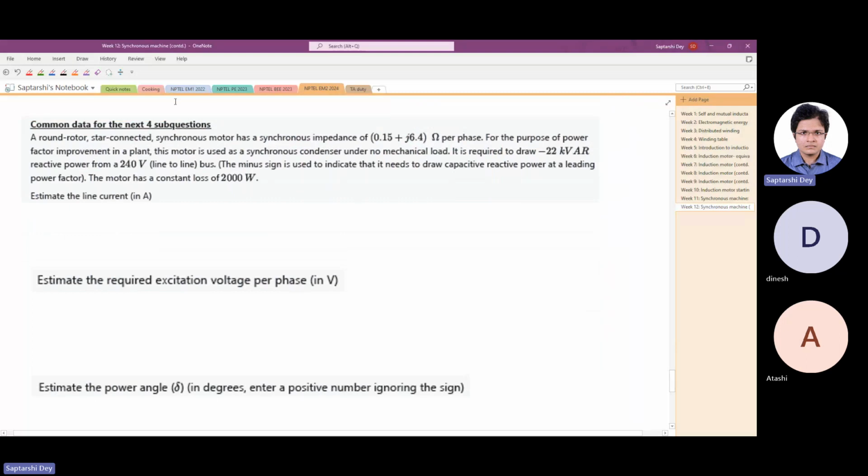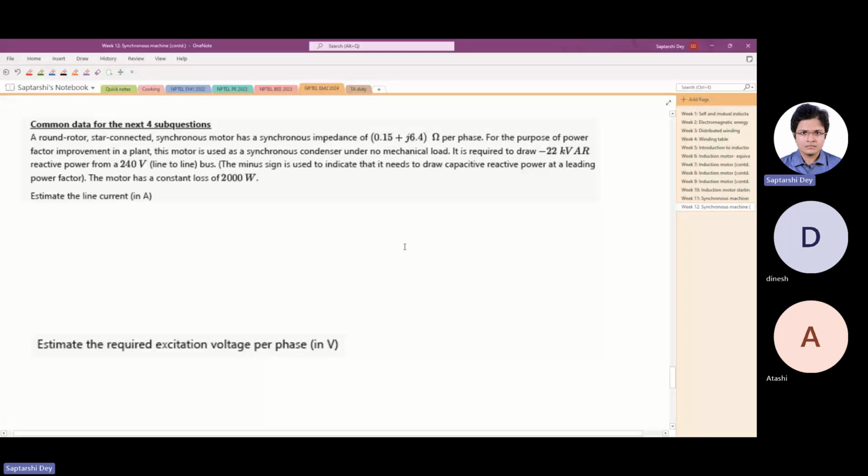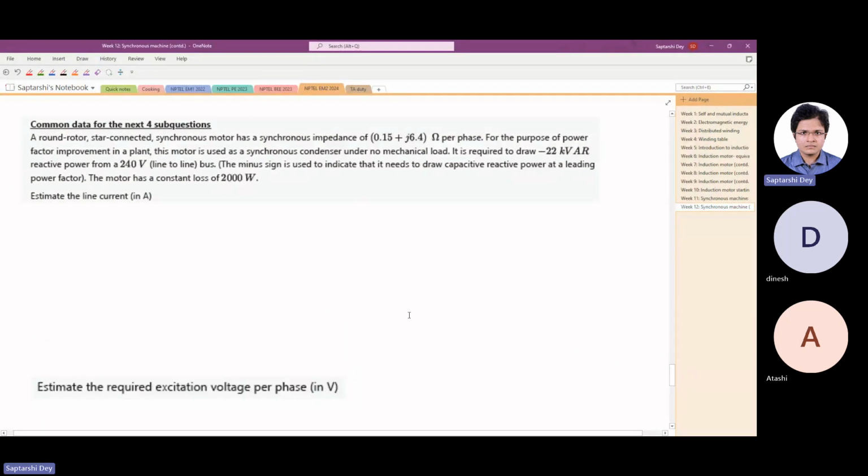Round rotor star connected synchronous machine has a synchronous impedance of this much per phase. For the purpose of power factor improvement in a plant, this motor is used as a synchronous condenser under no mechanical load. It is required to draw minus 22 kVAR, means it is required to provide 22 kVAR reactive power to a 240 volt bus.